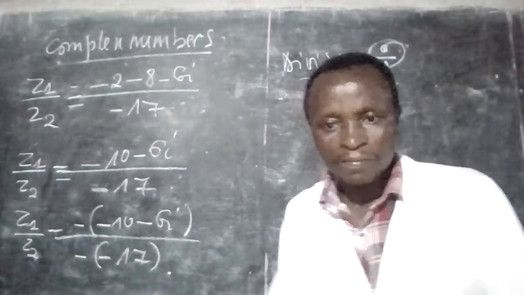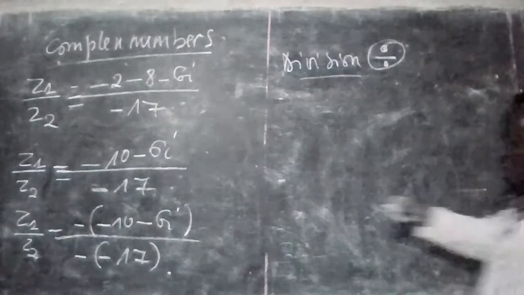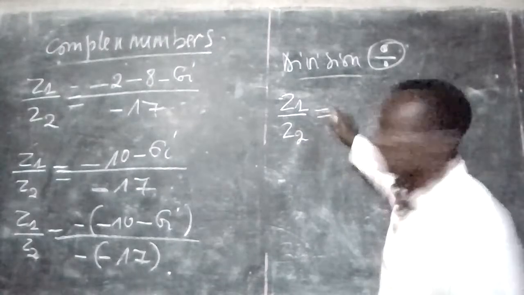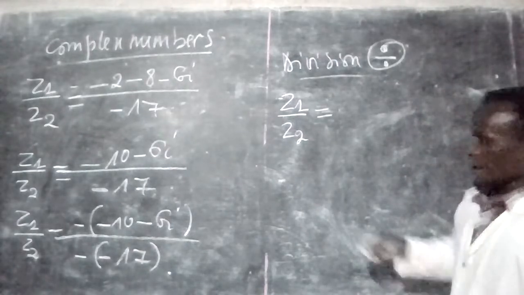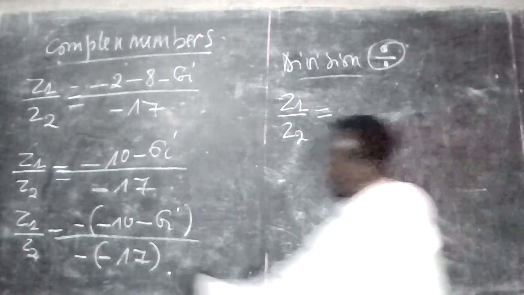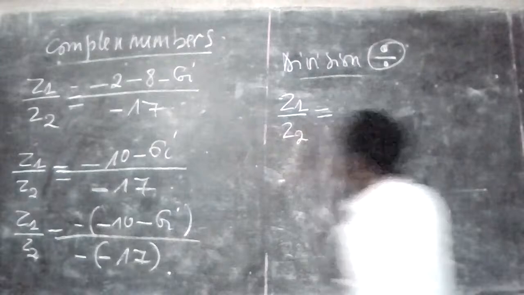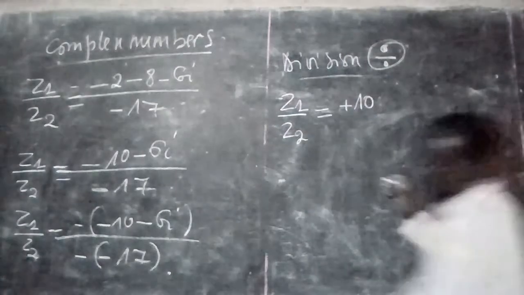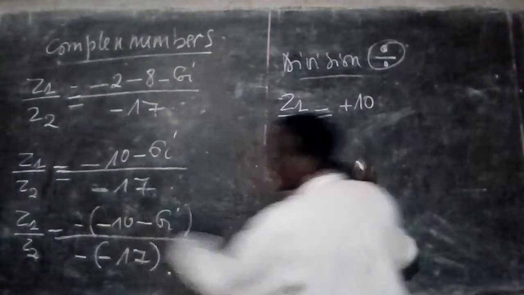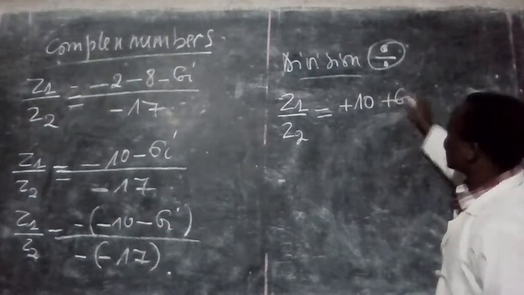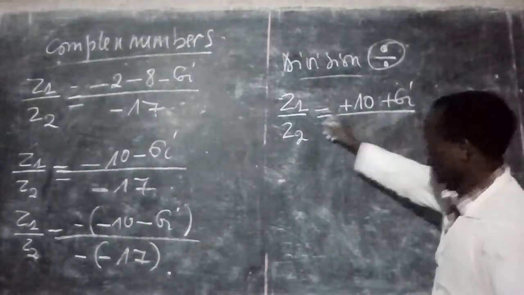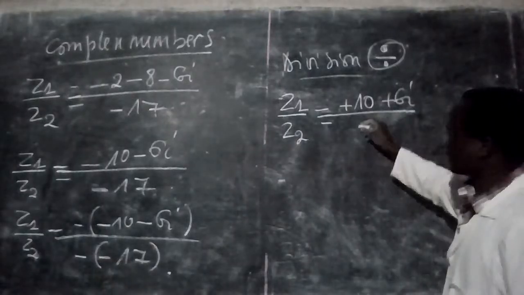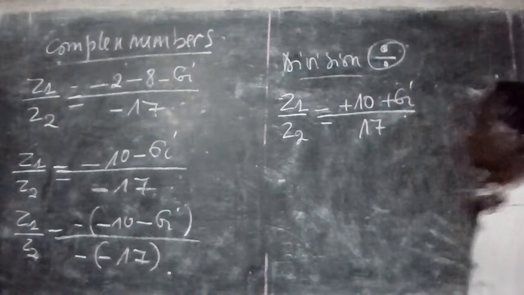Clear? Now finally we have Z1 over Z2, it will be, this minus times this one will remain with plus 10. This minus times this minus is plus 6I over this minus times this minus is plus this one.